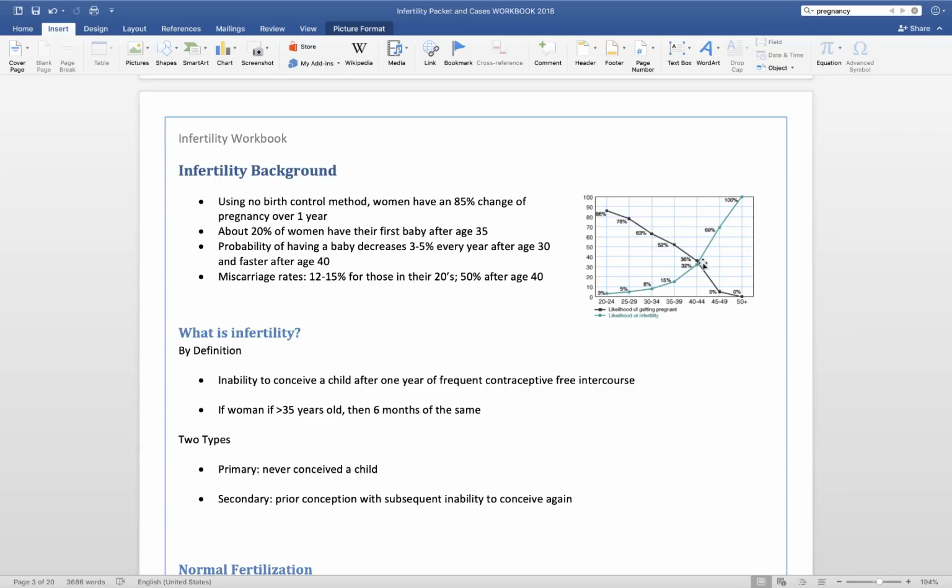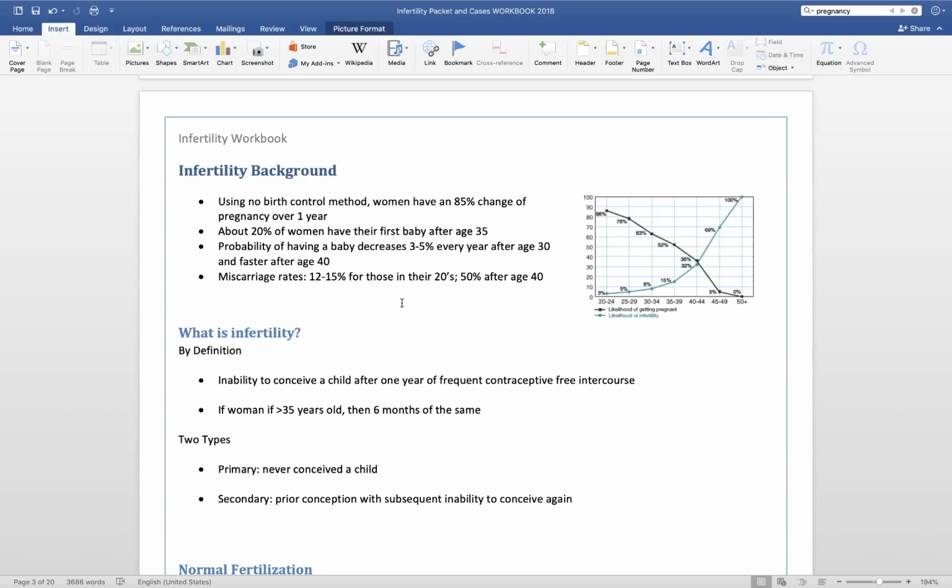Also important to remember that each month a patient only has about a 20 to 25% chance of conceiving, and that 1 in 10 couples will experience infertility as they embark on their journey for children.